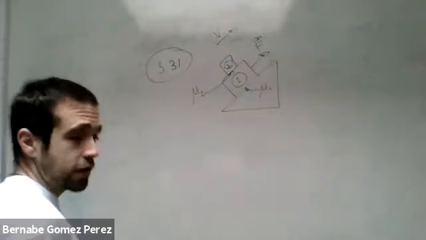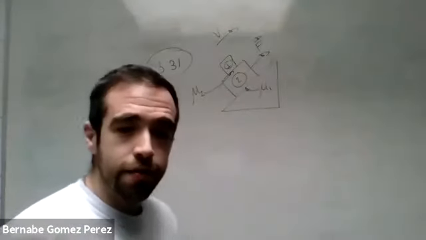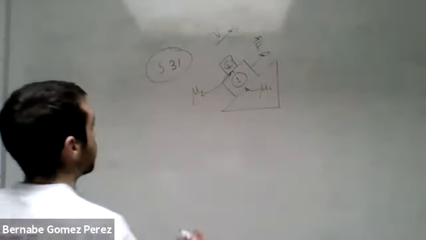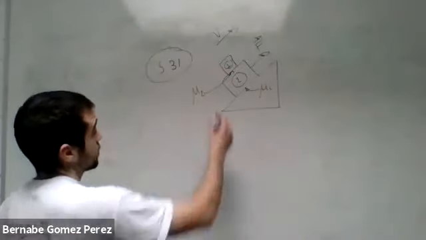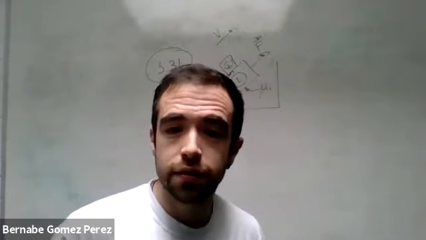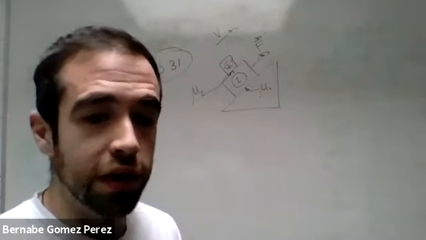So first of all, what I would do is I would say, okay, I'm gonna study everything as a system, okay? So let's say that at a constant speed, there is no acceleration, right? If we don't have acceleration, what does it mean?